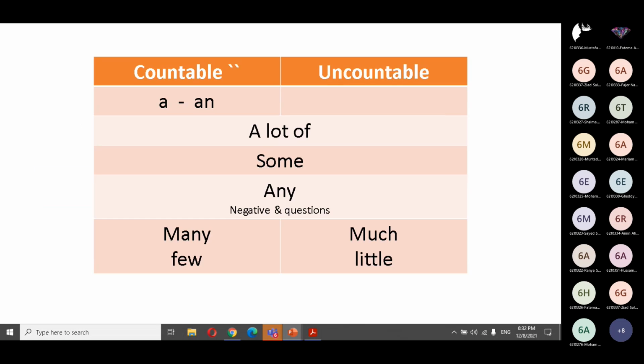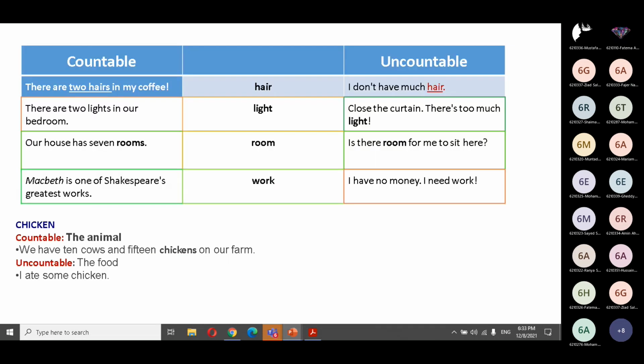So a and an, we cannot use them with uncountable, but we must use a or an with countable nouns. That's why you cannot say a money. ما تقدر تقول a money. Okay?